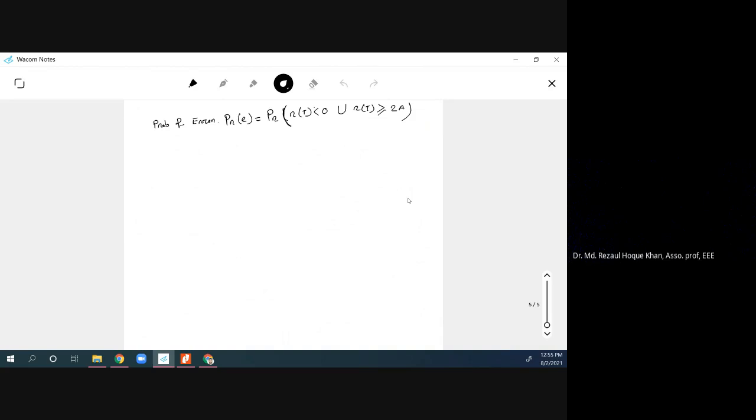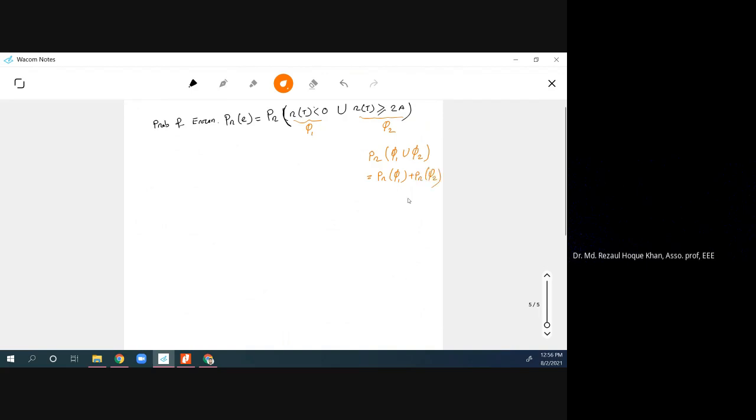Okay. So here we can say, for example, this is one function, this is another function. Let's give them names, phi 1 and phi 2. So from the RSP formula, probability of phi 1 union phi 2 is nothing but probability of phi 1 plus probability of phi 2.